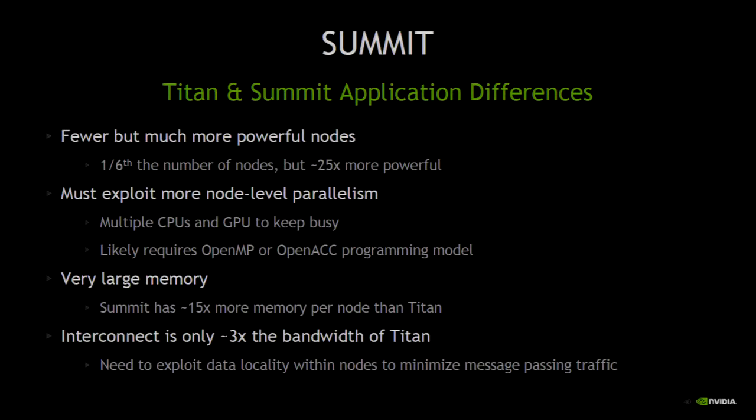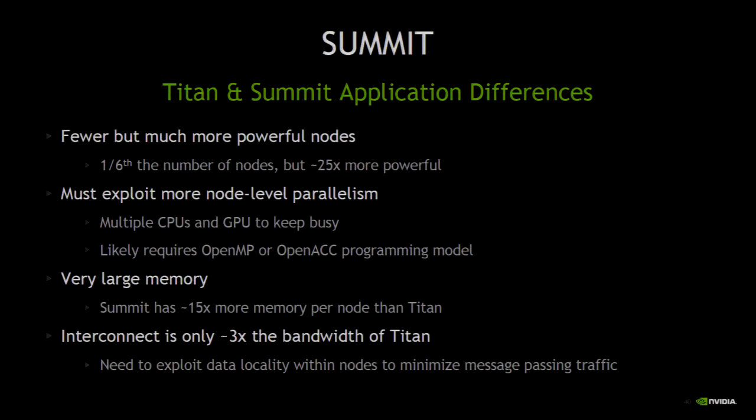What it means is that you would need to expose even more parallelism per node than you usually do. And you would need to keep both CPUs and GPUs busy, because both of them will have very good performance. CPUs are good for their tasks, GPUs are good for their tasks, so you need to keep them all busy.